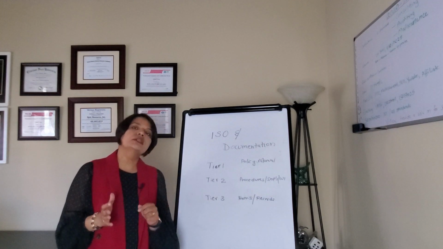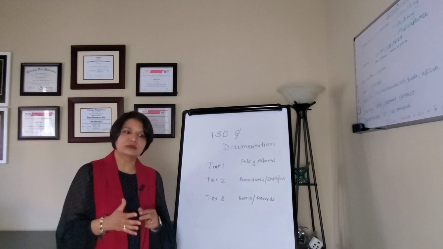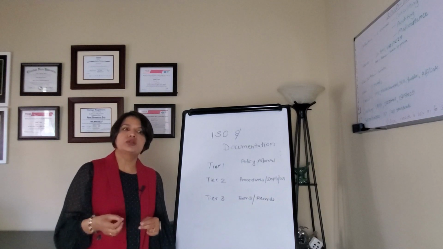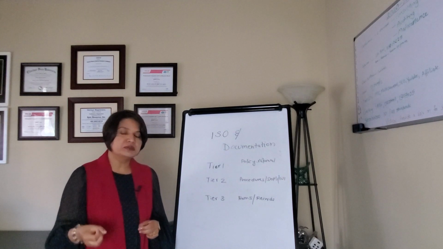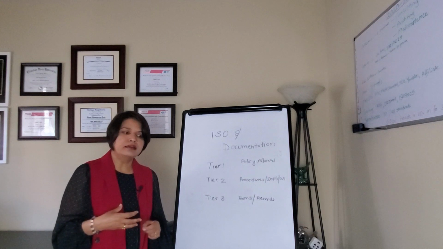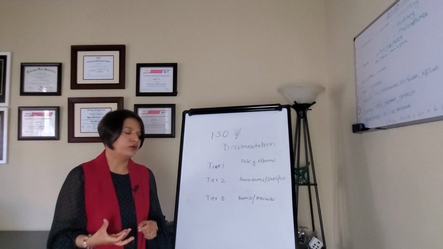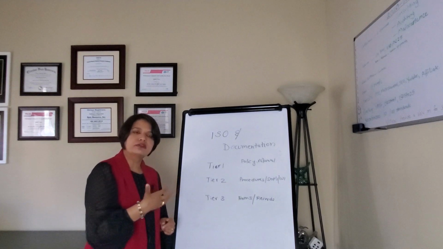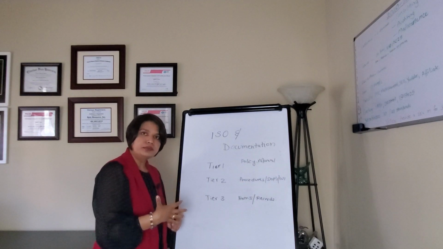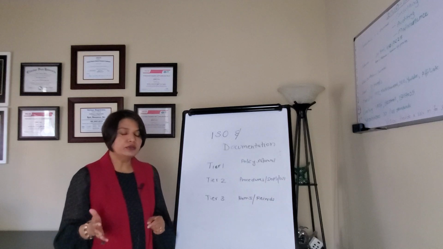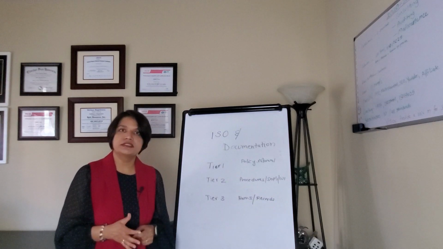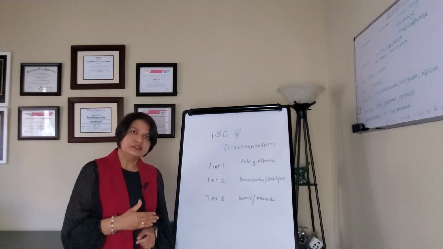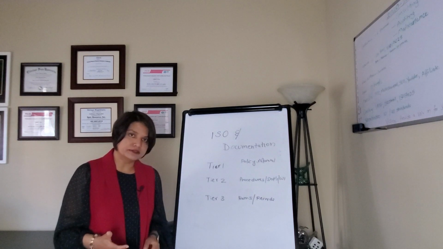So documentation has to be to that extent which explains the processes and makes sure there is monitoring and measurement of the process and some improvements that come out. It is not necessary that you have 50 procedures or a manual which is like 150 pages. It depends on the size of your organization and the processes.